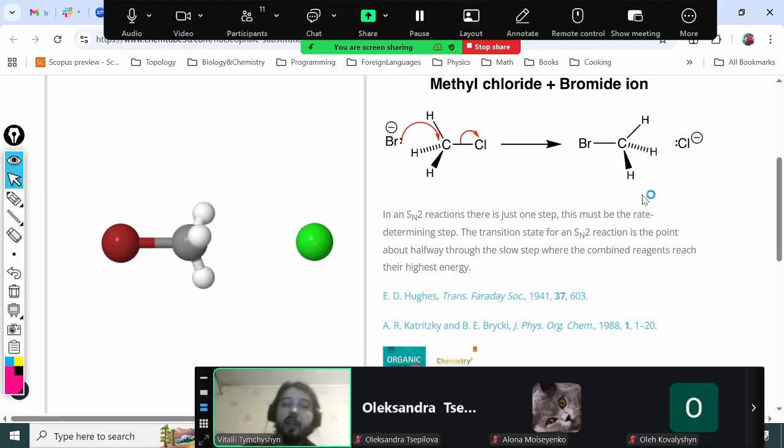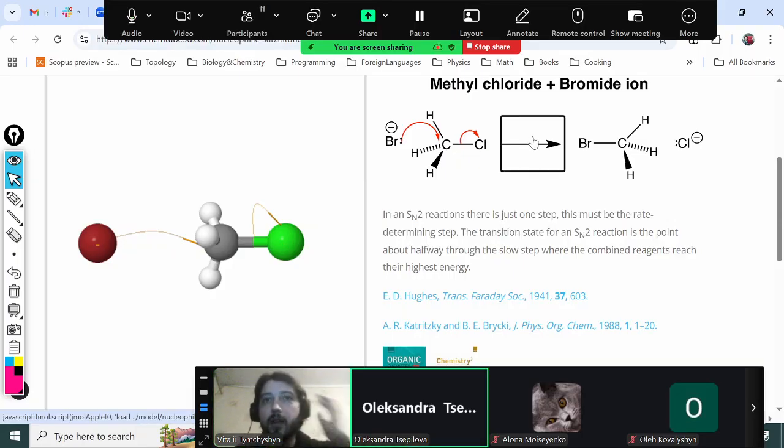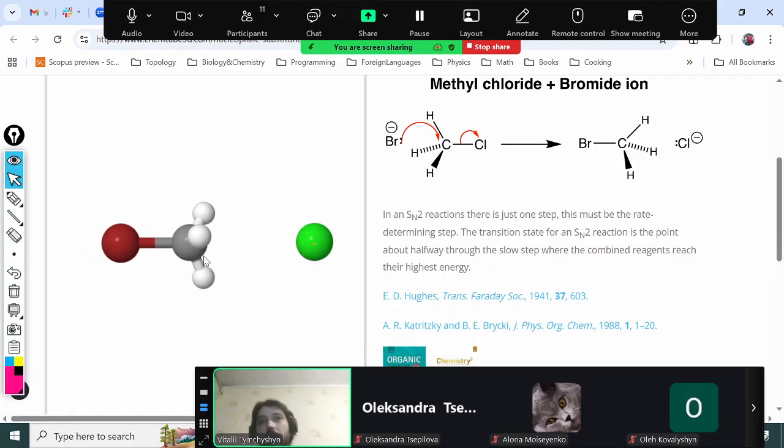Did you notice anything interesting? What happened to the protons? Let me show you once more. They rearranged. Yeah, they inverted. So here what happens is quite interesting.